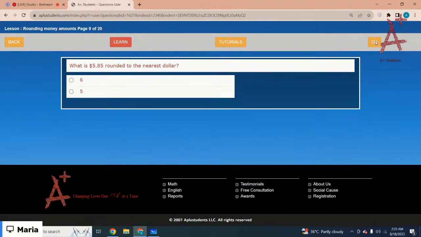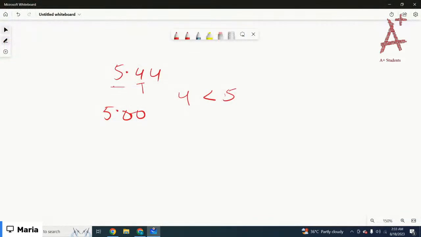Okay, the next one is 5.85 to the nearest dollar. Okay, 5.85. Here you have 5. Right next to this is 8. You have to compare the digit 8. 8 is greater than 5, right? That means you have to round up because this digit is greater than 5.